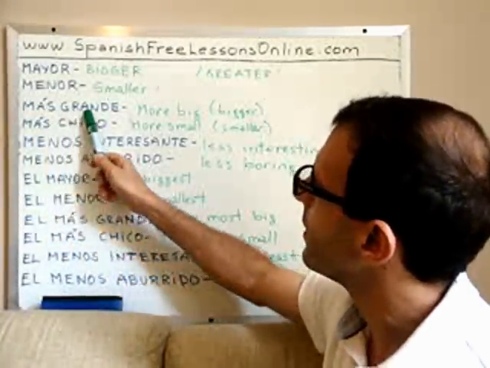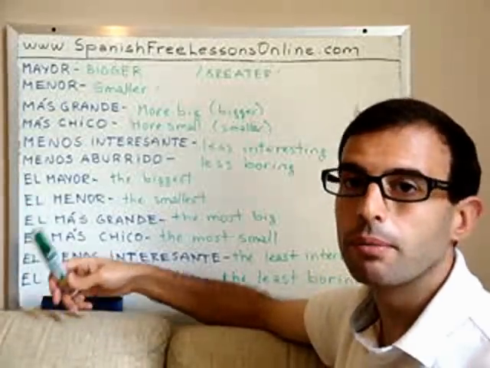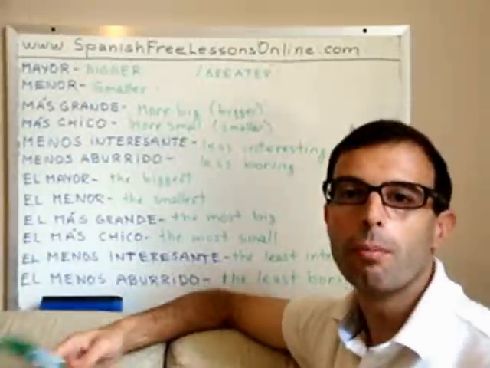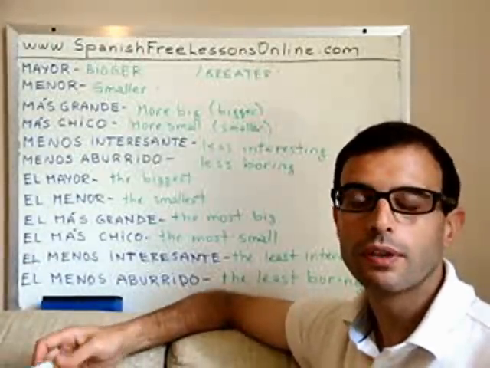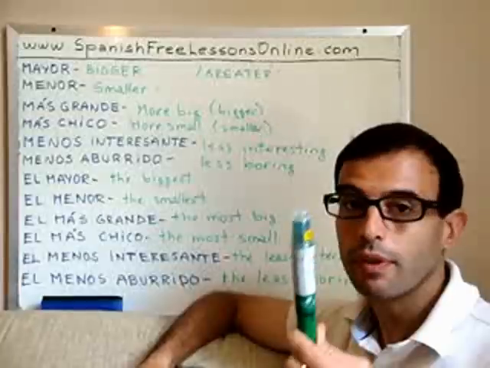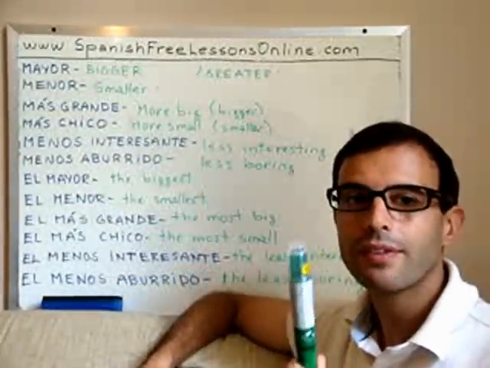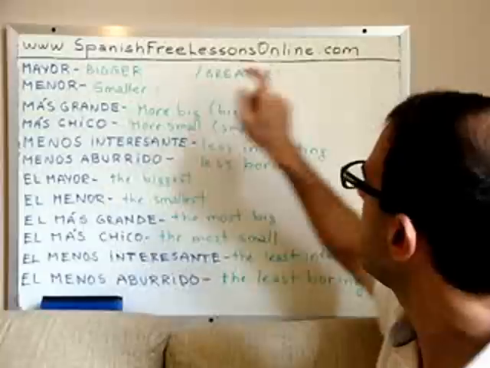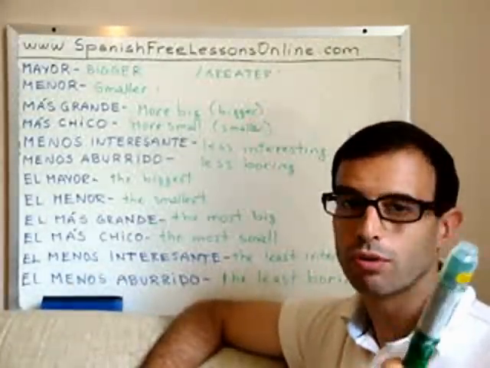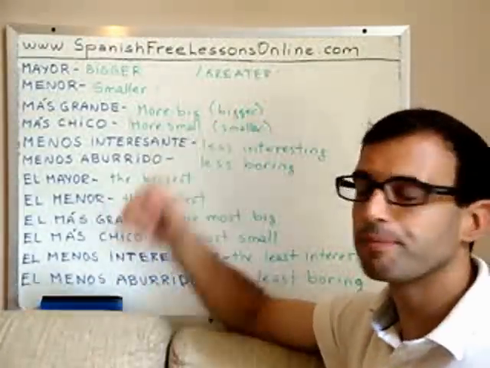Más grande, more big or bigger. Más chico, more small, right? I would say, for example, esto, this, es más chico que esto. This is more small or smaller than this.